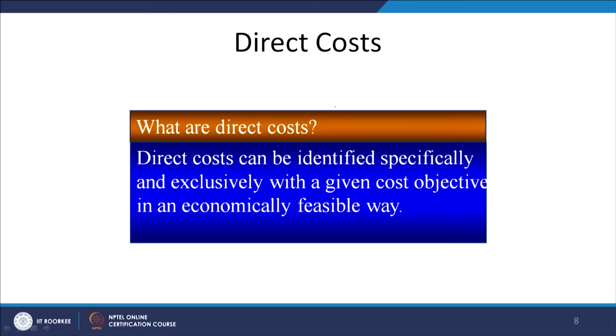Direct cost can be identified specifically and exclusively with a given cost objective in an economically feasible way. So, it means you can directly identify the sacrifice of some resource for one particular purpose.